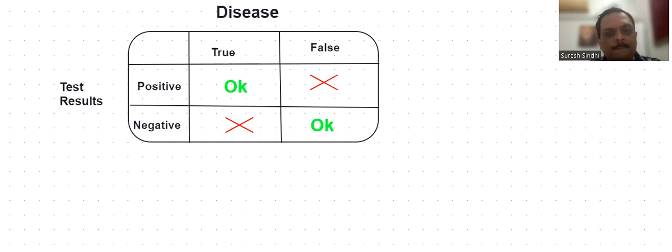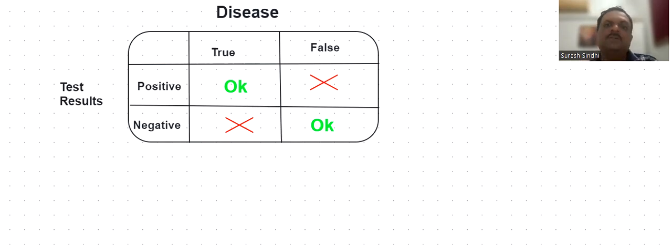For example, if a person is suffering from the disease and the test result is saying that he is not suffering from the disease, which is kind of an error, that scenario we call a true negative. True means person is suffering from the disease. And why negative? Because my test result is saying that despite he is suffering from the disease, he is not suffering from the disease.